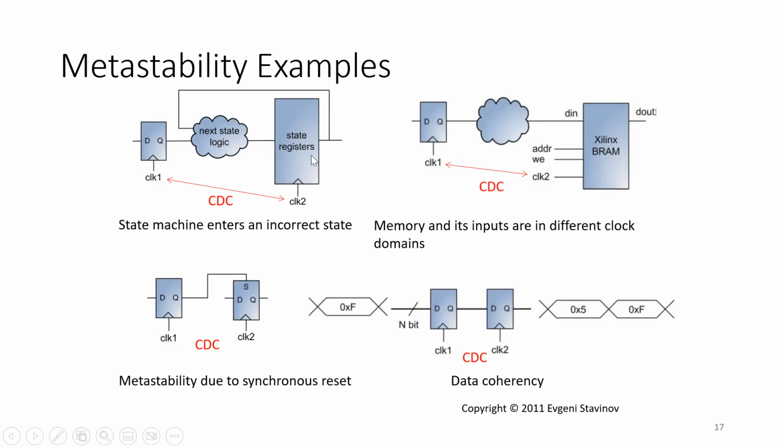Now I have next state fed back here, so I may not be ready for Q when this is fed back. So this may cause metastability. You can see state register is working at clock 2, and here I have a clock 1.